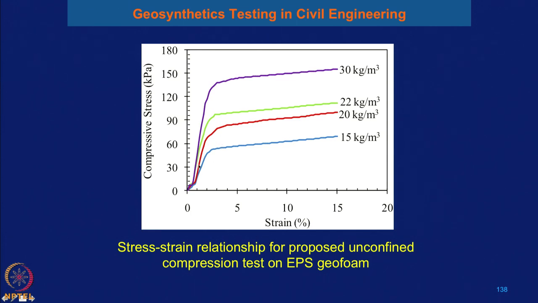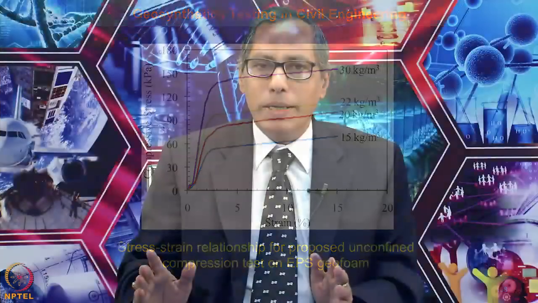You look here that initially the compressive stress and strain are almost constant, and after that it is increasing. So, there is no definite failure of the EPS geofoam material under any density or under any condition.